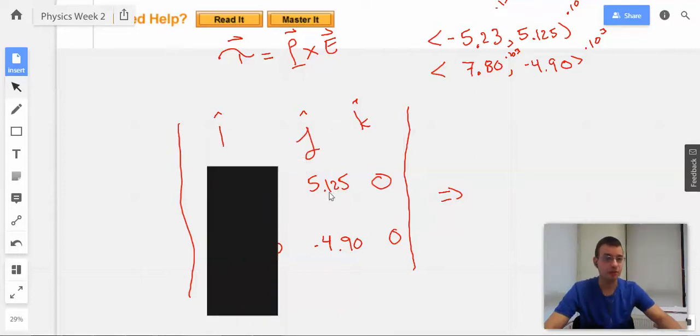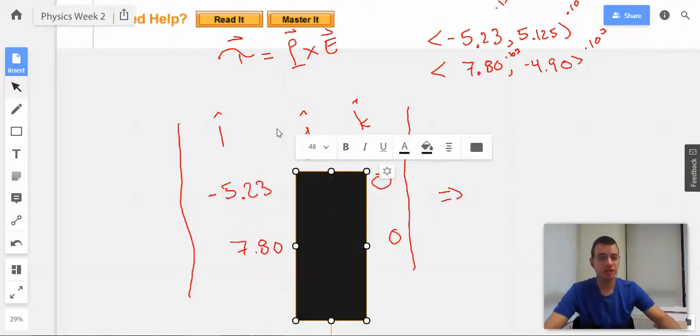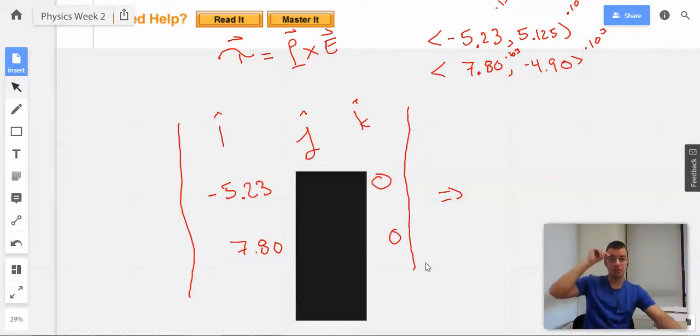So you do 5.125 times 0 minus 0 times negative 4.90. You then go to j, but this time you do it negative j, and you do negative 5.23 times 0 minus 0 times 7.8. And then you'd have the sign switched on the j, so it'd be times negative j direction. Well, since those both have zeros in it, they're going to be 0.